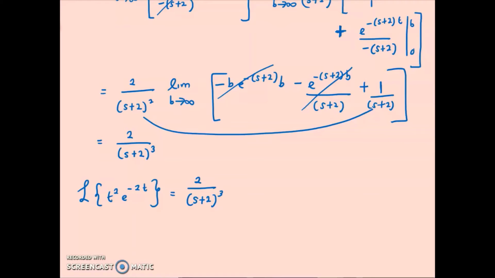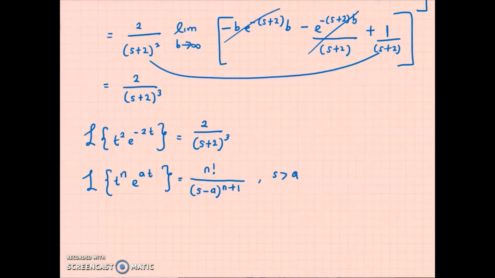Okay, so I can write that the Laplace transform of t^n e^(at) is given by n factorial over (s-a)^(n+1), for s greater than a.